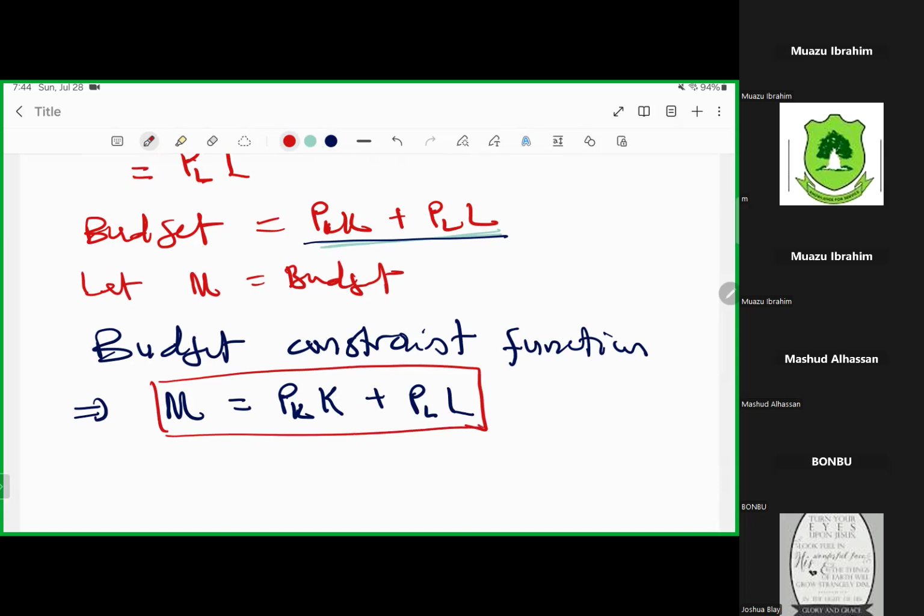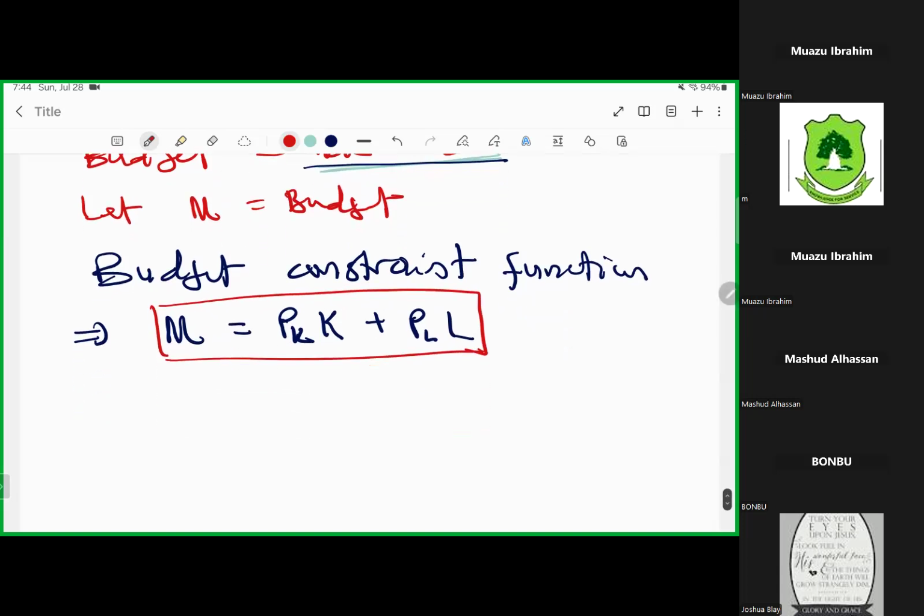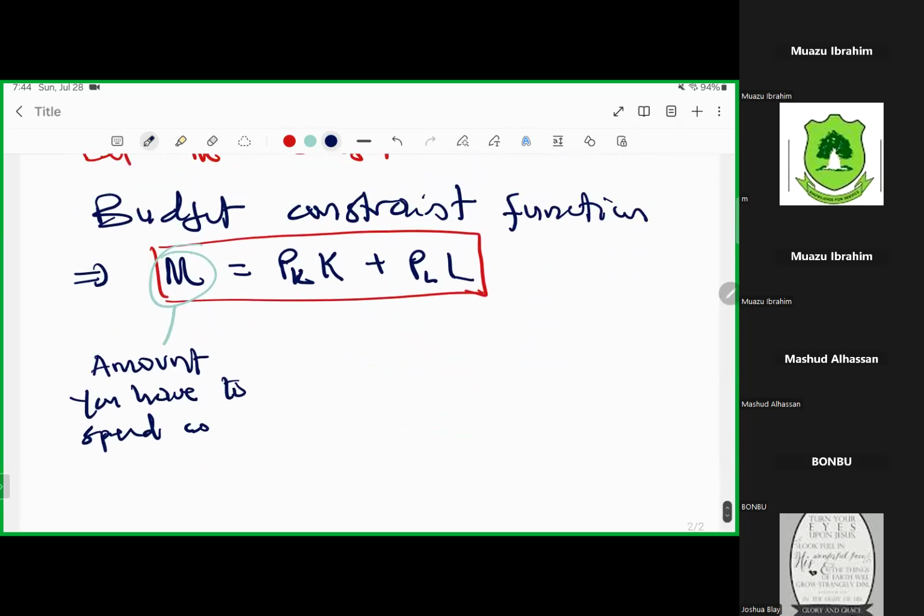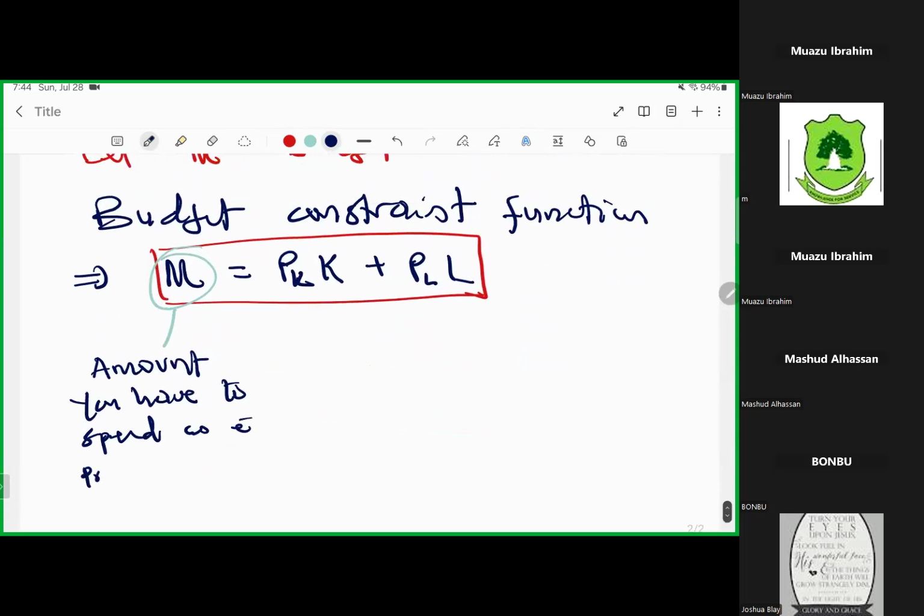This is your budget constraint function, where M is the amount that you would want to spend on these inputs. So M here represents the amount you have to spend on the production inputs.